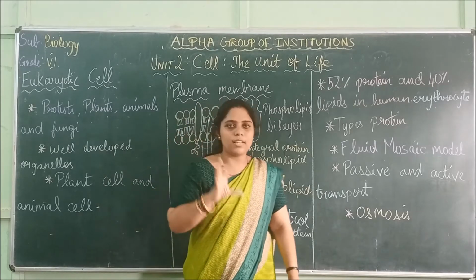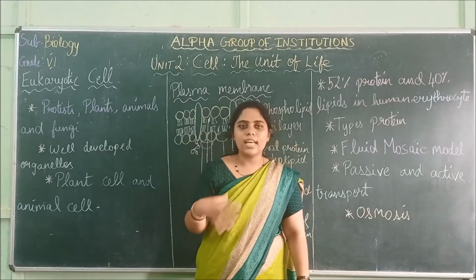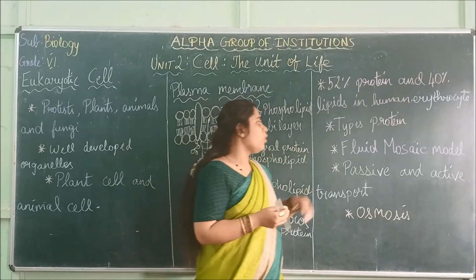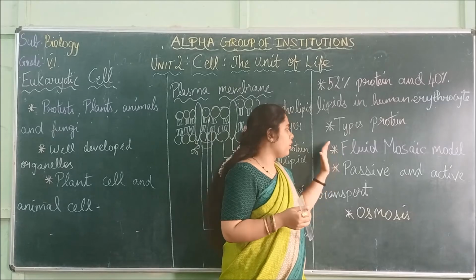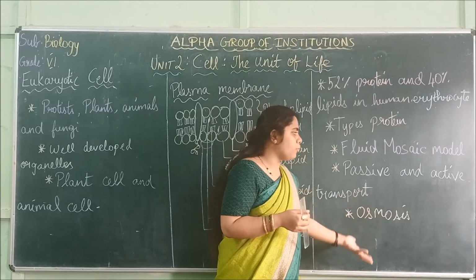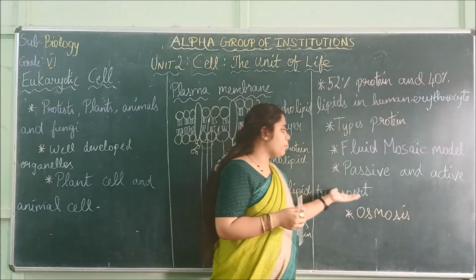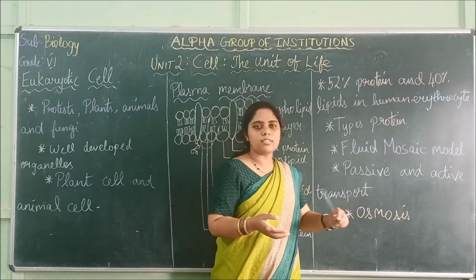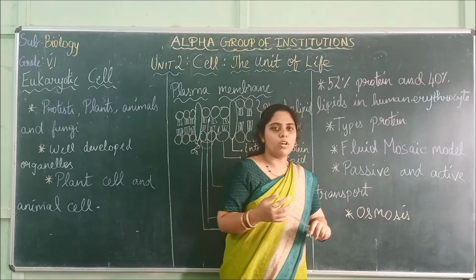It has some restrictions. So studies have been made on the movement of elements, and the results of those researches have come. That is why we are learning about osmosis, passive transport, active transport and all these things, also the fluid mosaic model.